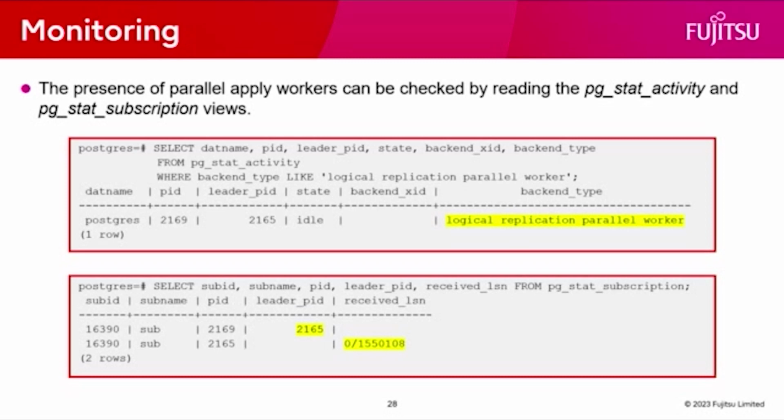In the pg_stat_subscription view, the tuple corresponding to the parallel worker has a valid leader PID. However, some attributes related to received time and LSN are null because the parallel worker does not directly receive the messages. The box below shows an example, and the first tuple corresponds to the parallel worker.